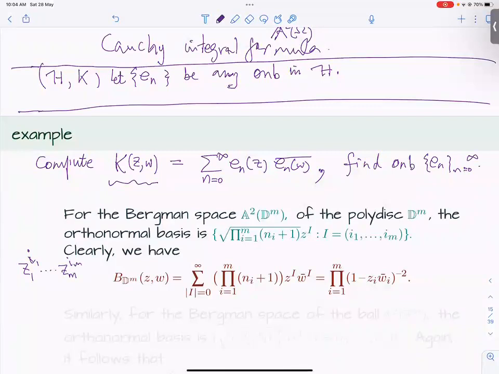First, you prove that whatever multi-index you pick, if you pick another z_1^{j_1} through z_m^{j_m}, and if these multi-indices i_1 through i_m and j_1 through j_m are not equal as multi-indices, then these two monomials are actually orthogonal.